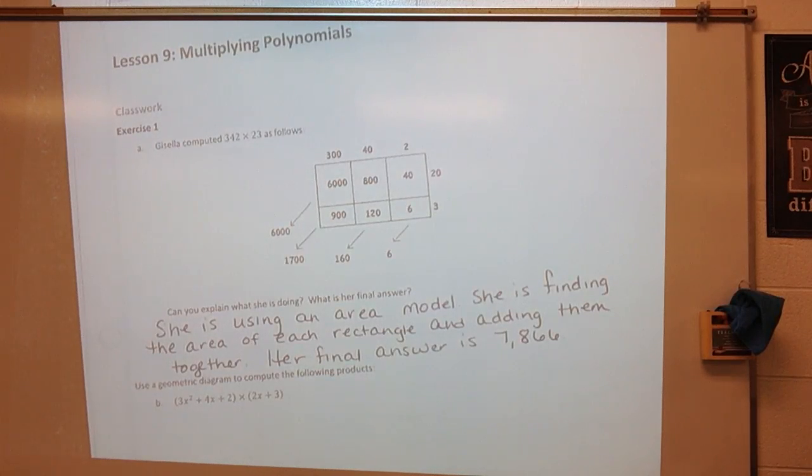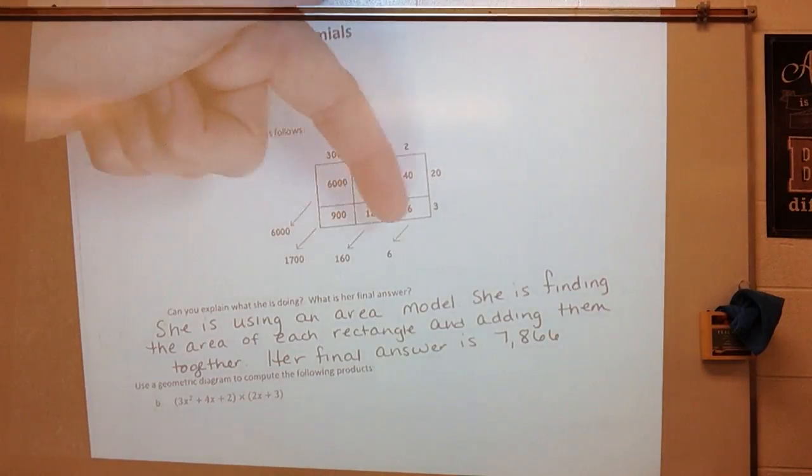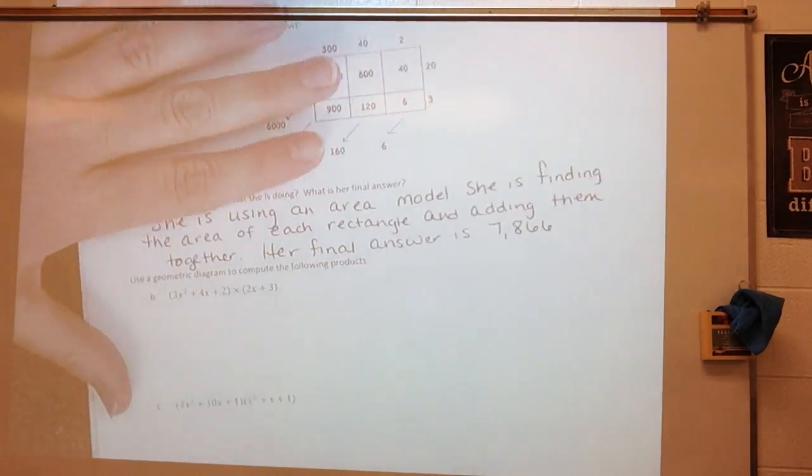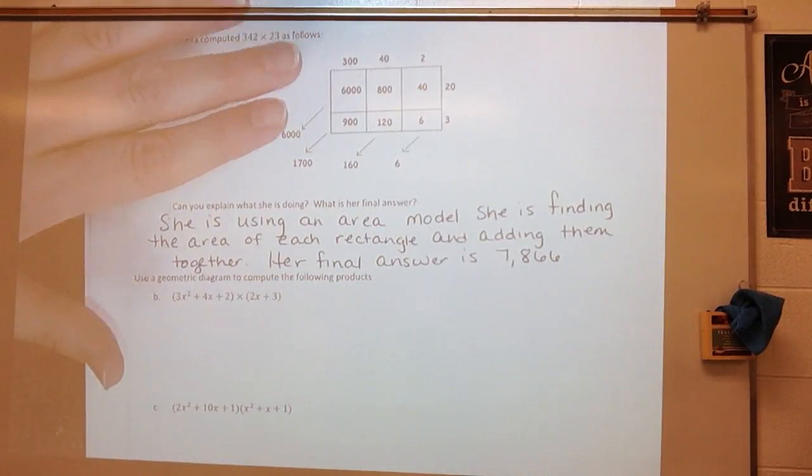Use a geometric diagram to compute the following products. All right. So you can do a couple of different things here. Geometric diagram is basically just like this area model. So they want us to draw an area model to figure this out.